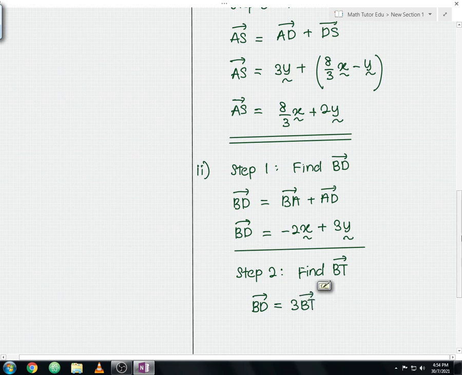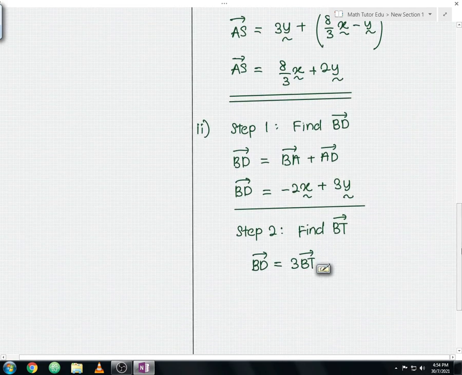From here, for vector BD we can just substitute the value that we obtained in step 1. So negative 2x plus 3y is equal to 3 vector BT.